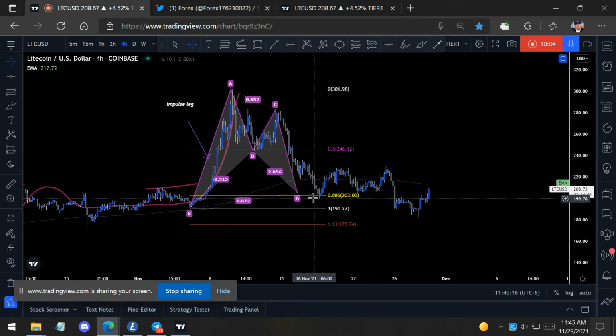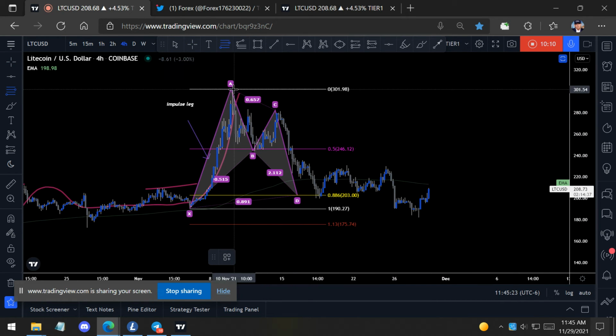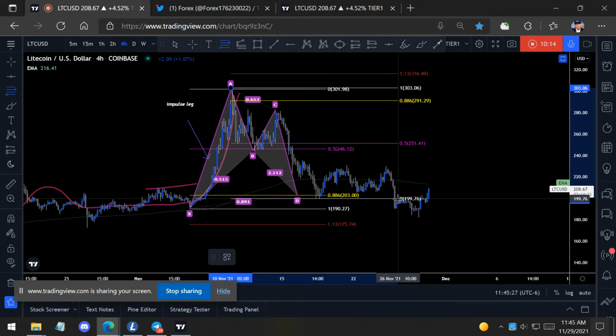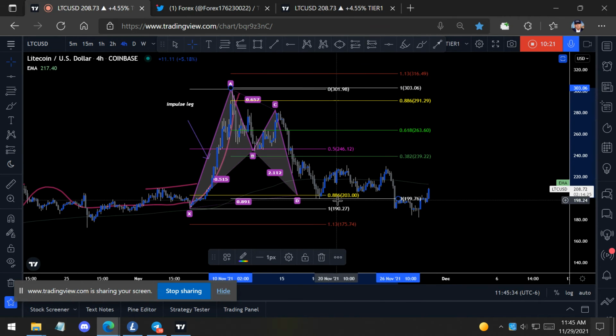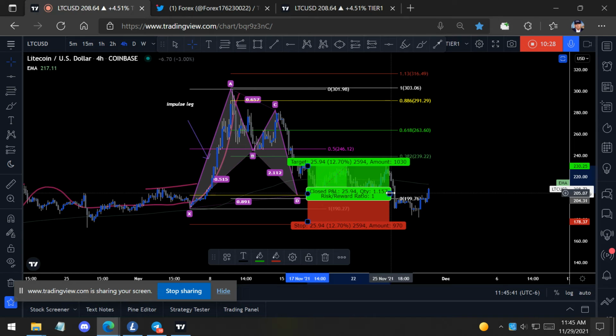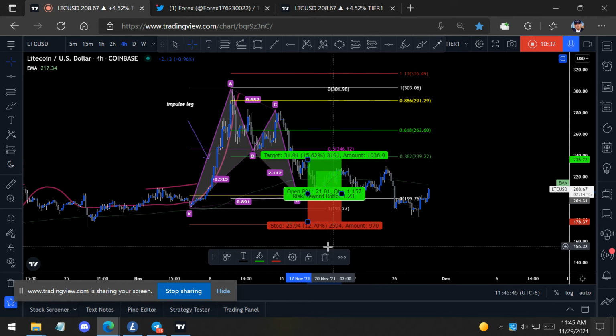So did we ever hit take profit 1 on this? If we measure from the A to the D, did we ever hit the 38.2? I don't think so. Nope. So we're still floating in this trade sideways. We're looking at entering here. I mean, minimum, we're looking for the 38.2.